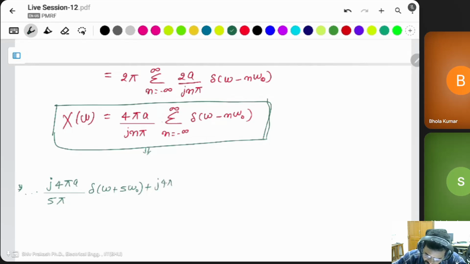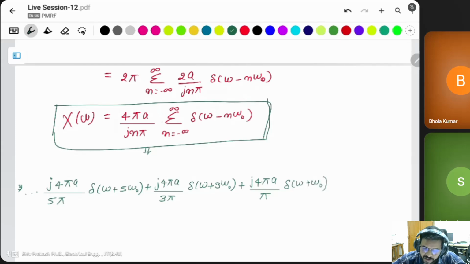j 4 pi A divided by 3 pi, delta(omega plus 3 omega naught). What about the 0? After that, this is 1 and minus 1. Then j 4 pi A divided by pi into delta(omega plus omega naught), n is equal to minus 1.